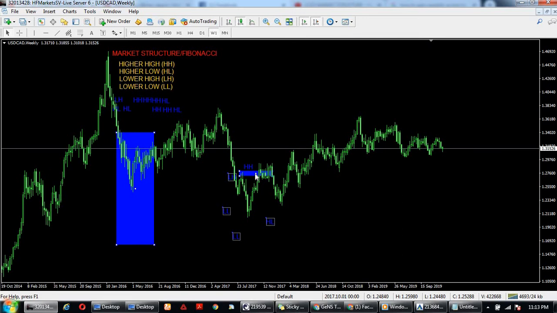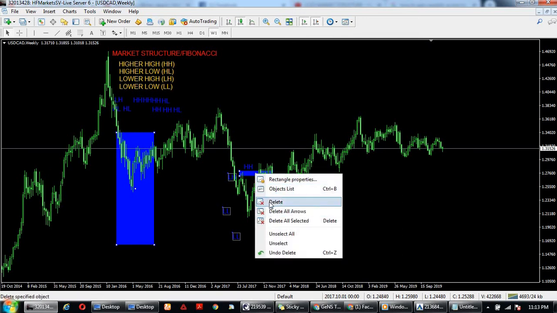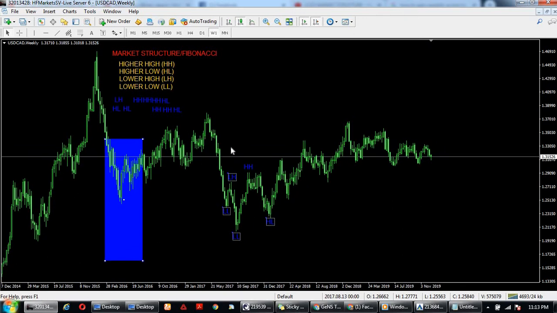Yes. So come with me, and let's look at something that played out here. So we had price made a lower low here, came back, took out the most recent lower high, making a higher low.